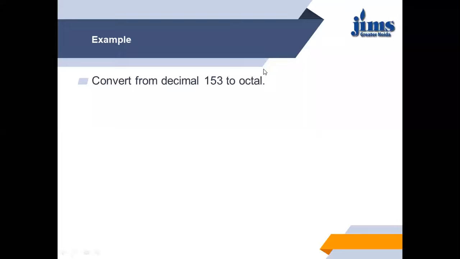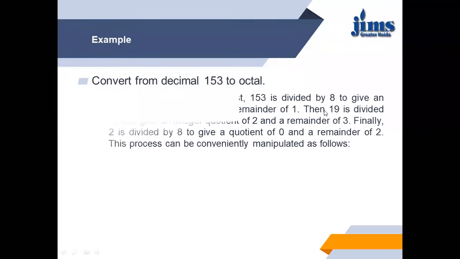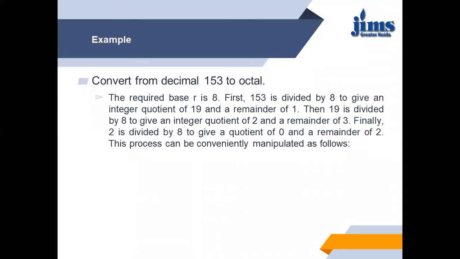Now in this particular example, we have to convert decimal 153 to octal. The octal number base is 8. So we divide 153 by 8 and arrange the quotient and the remainder. Remainder is your a0. Here the required base is 8.